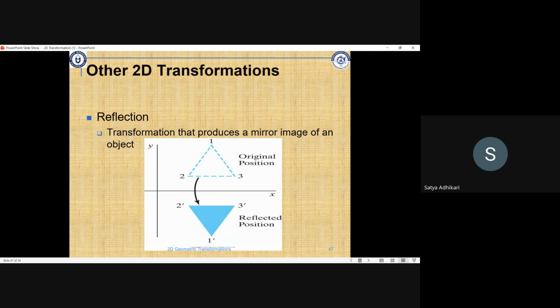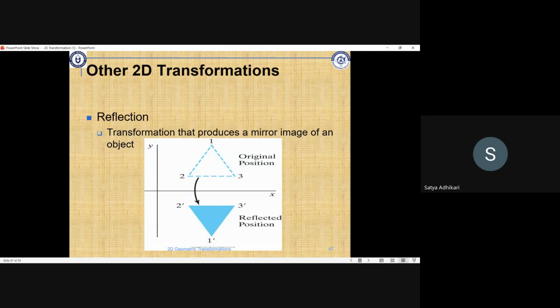After reflection, you get another position 1 dash, 2 dash, and 3 dash. As it is about the x-axis, it is known as the reflection about the x-axis.